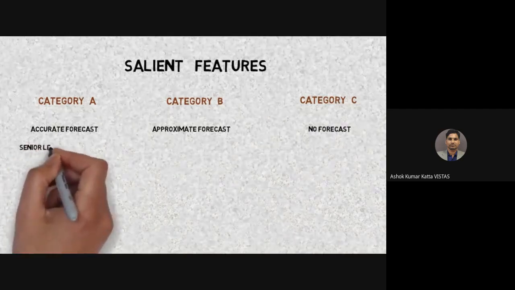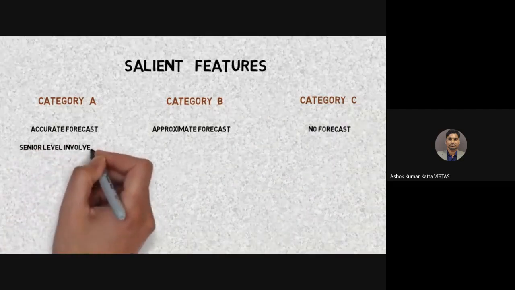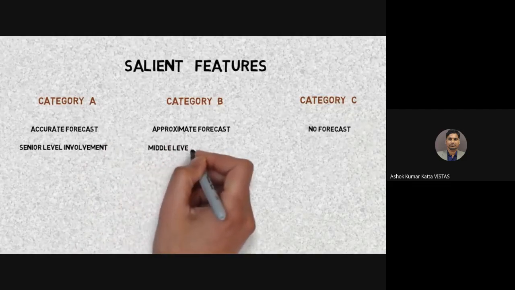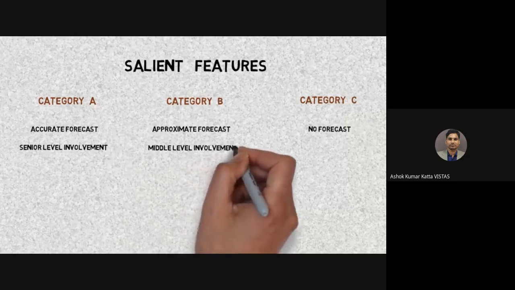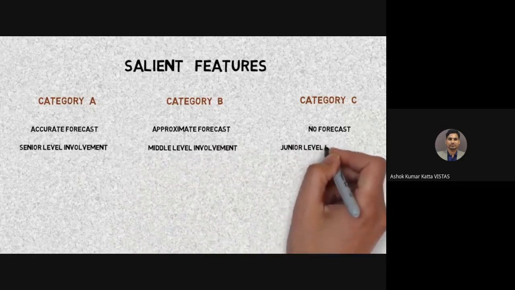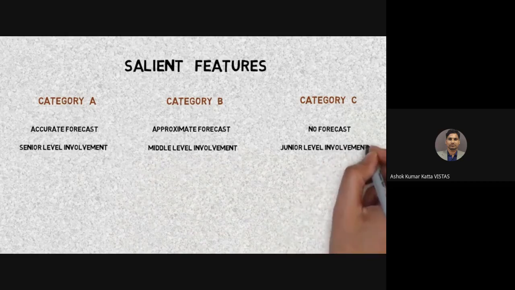Category A materials require involvement of senior level for purchasing. Category B material requires involvement of middle level for purchasing, whereas Category C materials require junior level staff for purchasing.